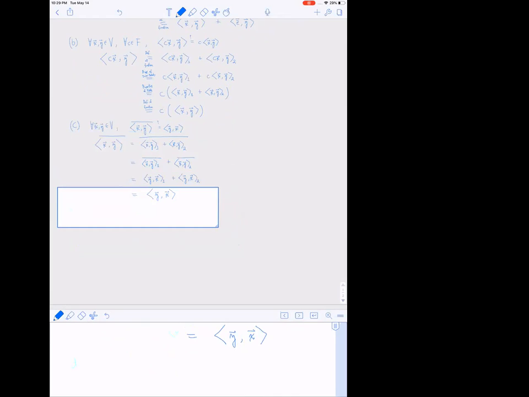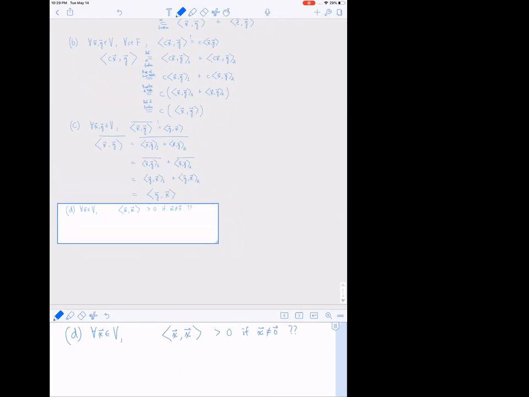And finally, the last condition is that for all vectors x in the vector space, the inner product of x with itself is a real number that is greater than 0 if x is not the 0 vector. So we'll put question marks since that's the thing that we want to verify. And let's consider what happens if we use this function, but put the same vector in both slots.